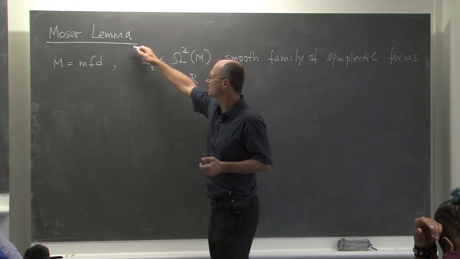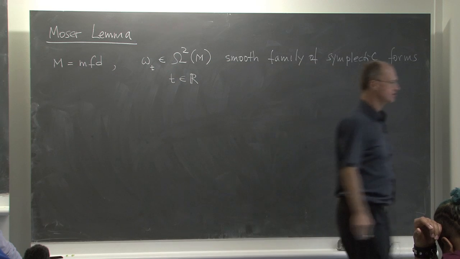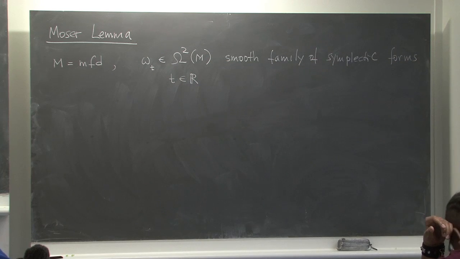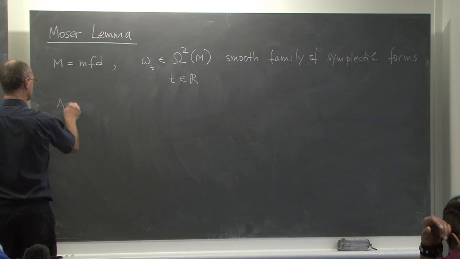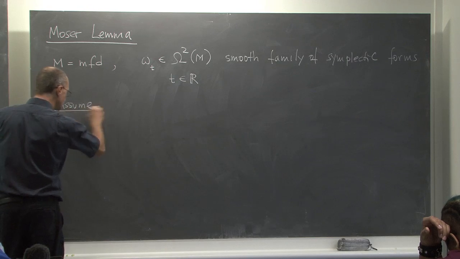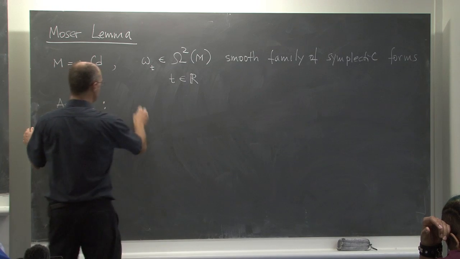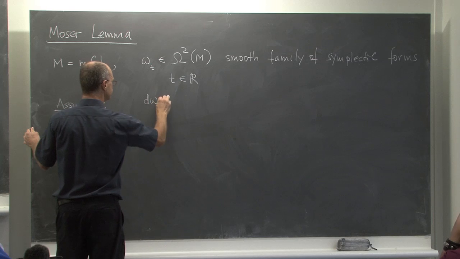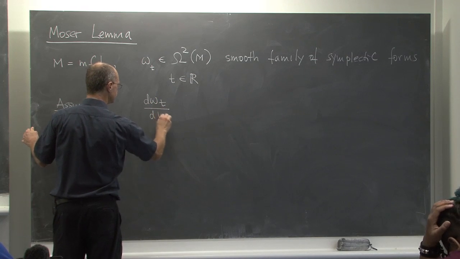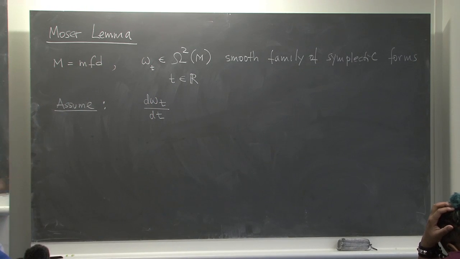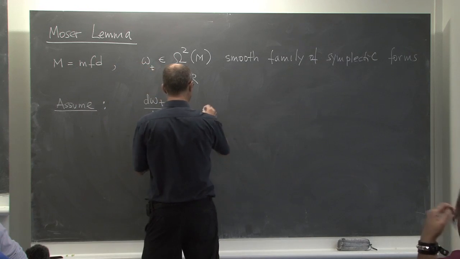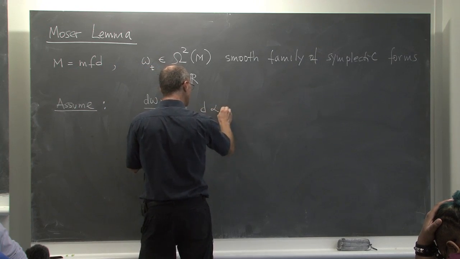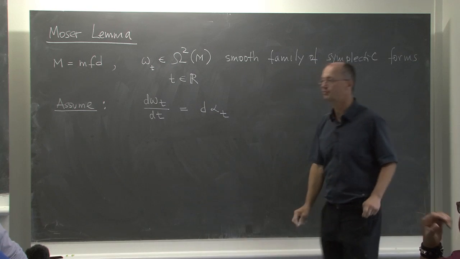Now, in fact, I don't even want to state it as a proposition. Let me develop this structure a little bit. There will be two assumptions. First of all, assume that the derivative of this family consists of exact forms, and actually we know the primitives.